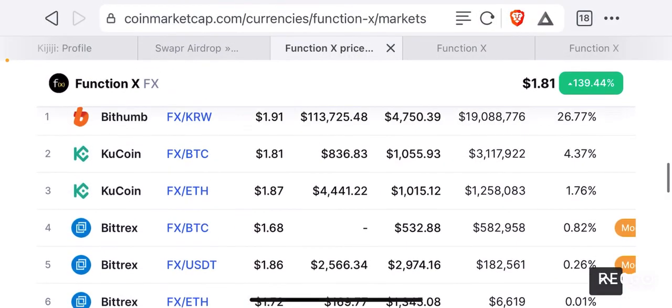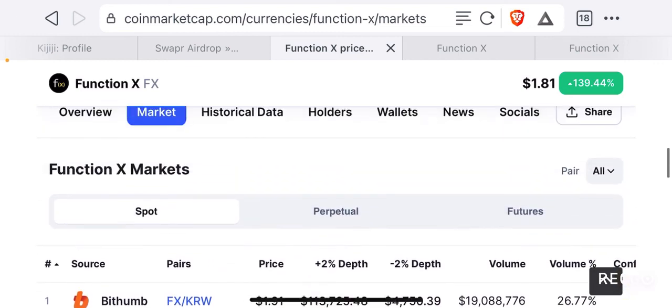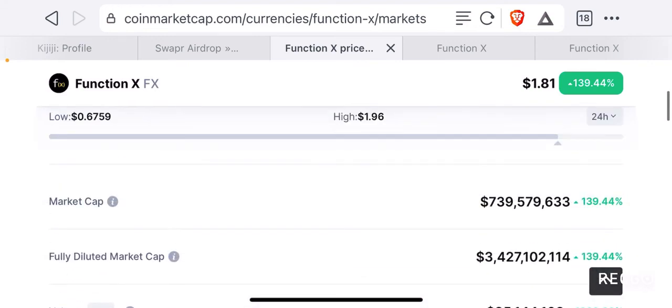So I would probably suggest, if you want to get it a little bit before everybody else on Coinbase, then you can get it from KuCoin with Bitcoin comparative, because Bitcoin comparative seems to be much cheaper at this price point than dollar comparative. Or you could get it from ETH comparative as well with KuCoin. I believe ETH comparative was also probably a cheaper opportunity, to accumulate more ETH. But I would probably suggest you to hold off, because this token can easily reverse, and that will be a good opportunity to buy, right?